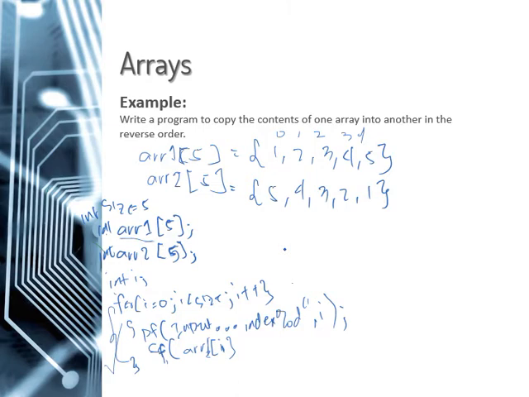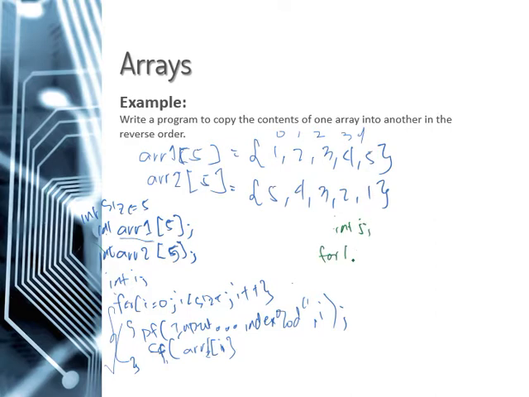So, ang buhaton na to is actually very simple. Mag for loop gihapon ta. But instead of starting, maghimo tag isa ka variable, int j.